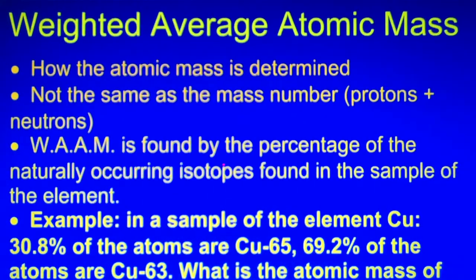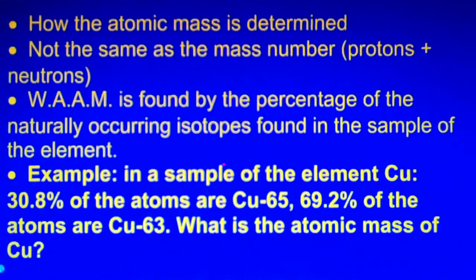So, for example, we have a sample of an element, copper, Cu. There's 30.8% of the atoms that are copper-65, which means it has a mass of 65. And 69.2% of the atoms are copper-63, so those copper atoms have a mass of 63.